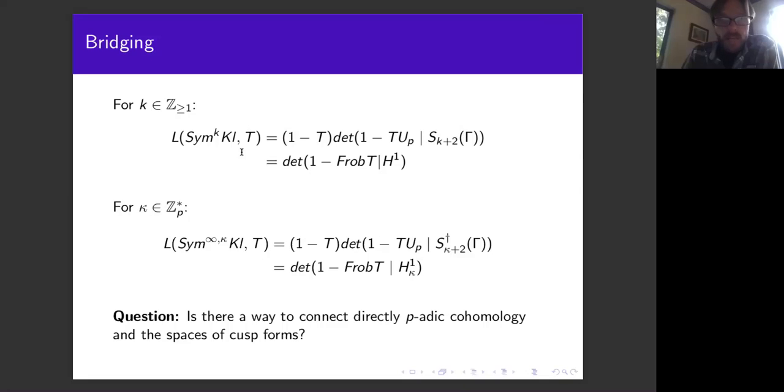Now, typically, this is studied using some cohomology, either l-adic cohomology or p-adic cohomology. I specialize in p-adic cohomology, so that's what I'm going to focus on here. And so this left-hand side can be written as the determinant of the Frobenius acting on a p-adic cohomology space here. And similarly, this is true here as well with this kappa symmetric, this p-adic symmetric power.